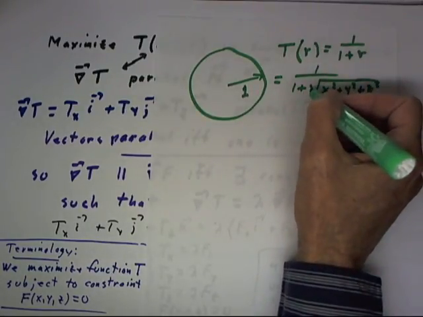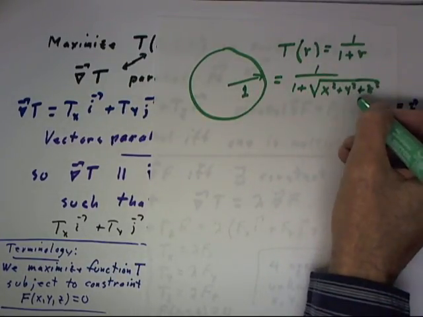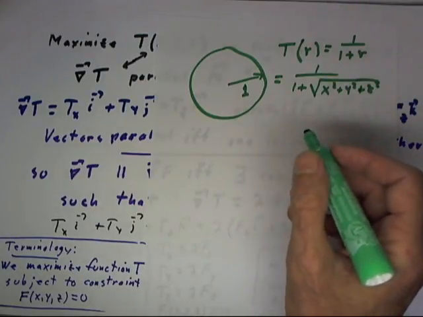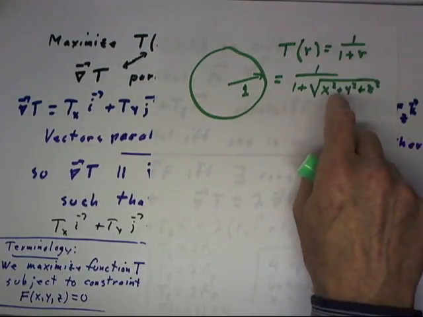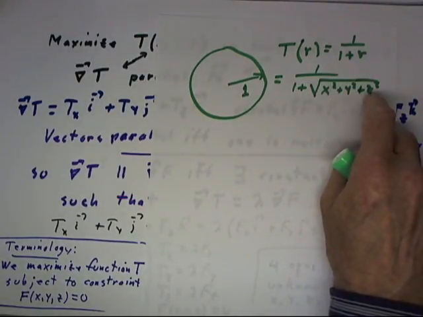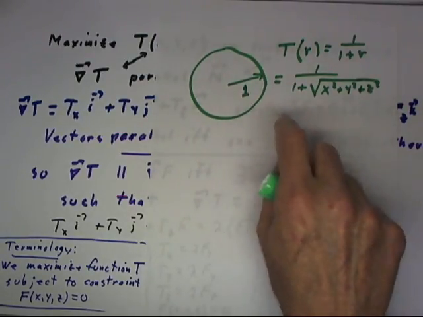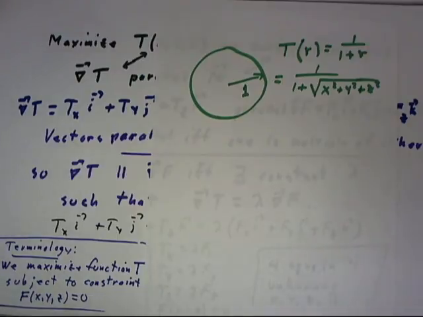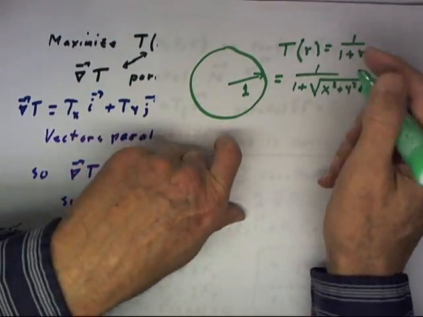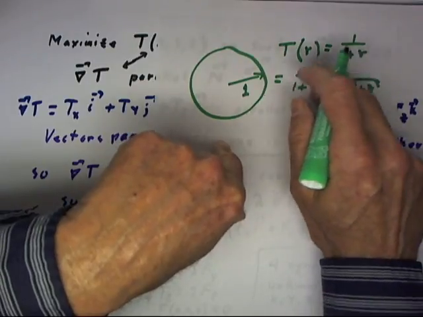In any case, we could use this temperature function. Now, the maximum of x squared plus y squared plus z squared is going to be 1 within this sphere because the radius is 1. Now, this isn't really what I intended to do, but we understand the argument I made.